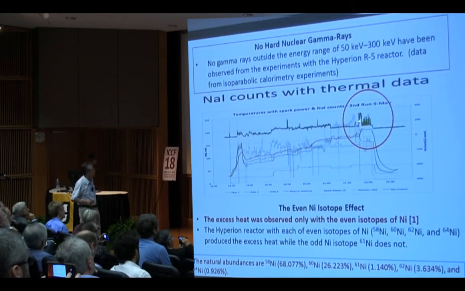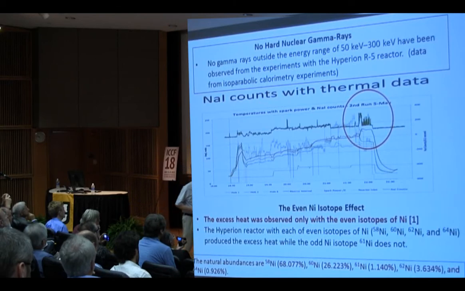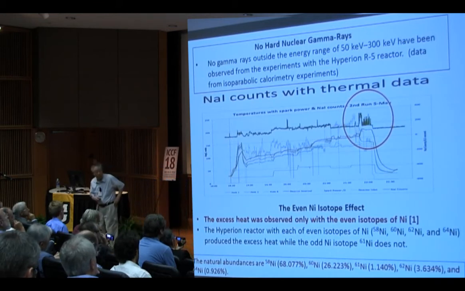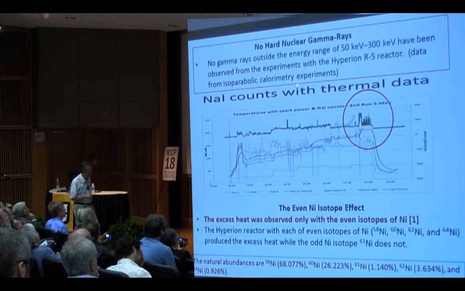This is with the sodium iodide detector, and you can see. I think they are planning to use a much more accurate gamma ray detector, such as high purity germanium crystal. It's coming.